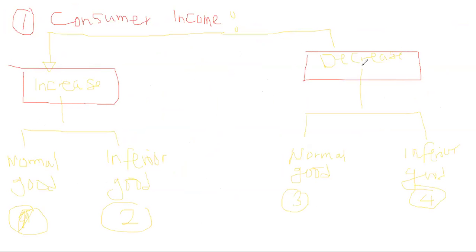So there is no need for us to talk about this one. When there is a decrease in income and the good is normal, the quantity demanded goes down. When there is a decrease in the income of a consumer and it's an inferior good, the quantity demanded goes up. You can use a graph to represent it. You have this original demand curve, and there will be a shift here.